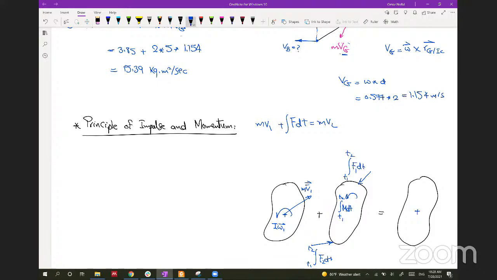Maybe you have a very big moment acting in this direction and another force acting in this direction to change the direction of the angular momentum from positive to negative, and it changed the direction of mv1 to go this way, to have an mv2 vector, something like this. So let's set this into equations and see how we can do it.